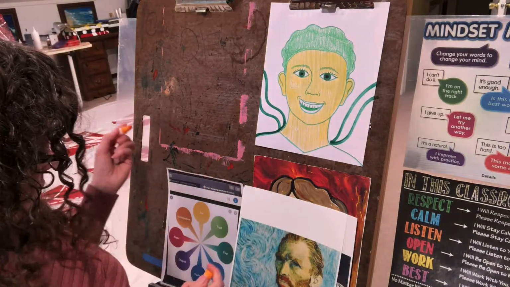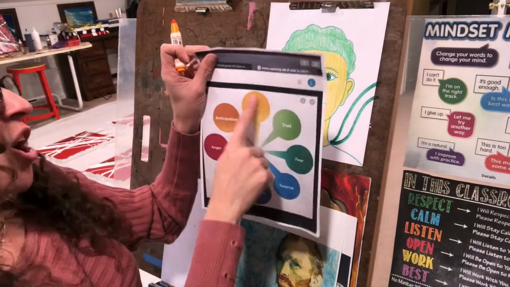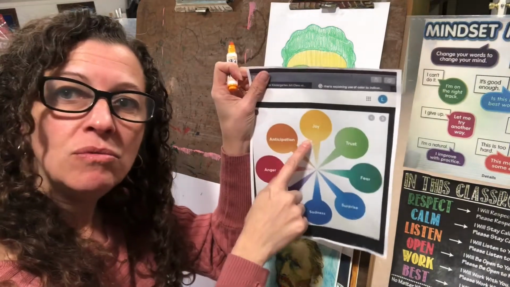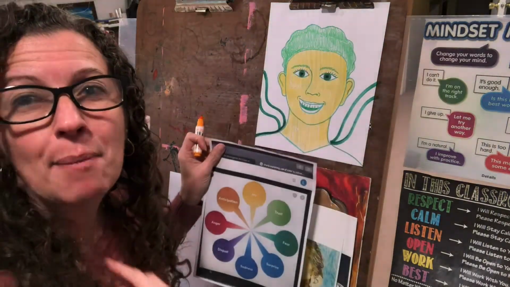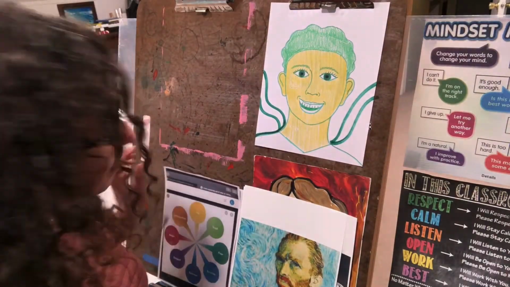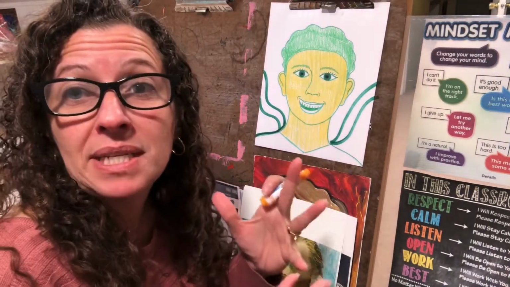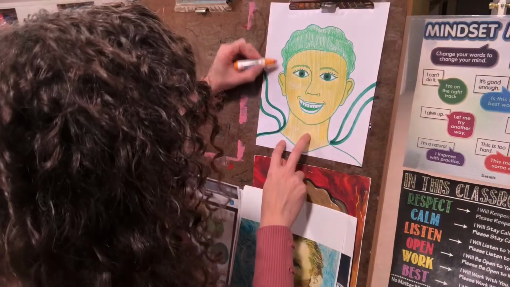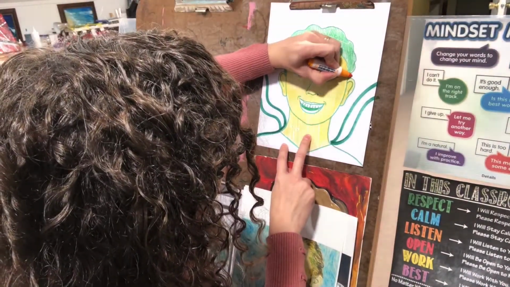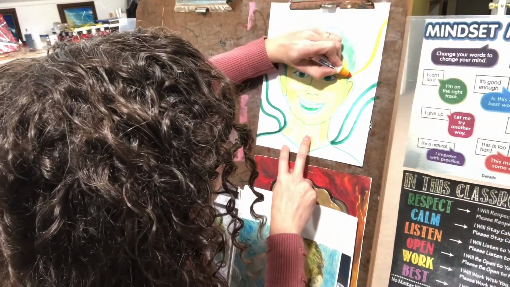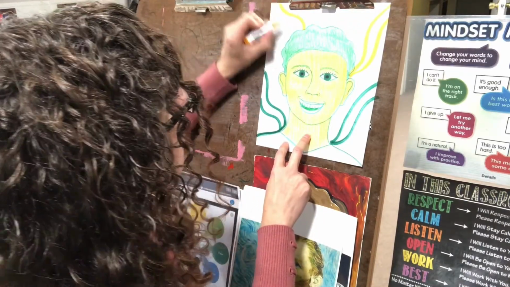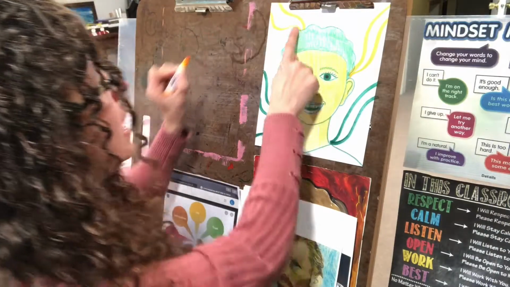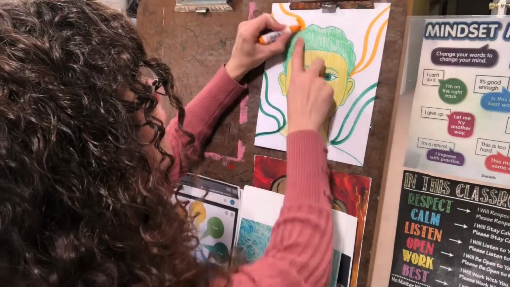Oh, and my yellow dried out, but I could use orange. Orangey-ish yellow, right? Orange here is anticipation, like I'm anticipating something, right? That means I'm waiting for something to happen. So maybe I'm waiting for some good surprise or something. And I'm thinking about it. Maybe these lines mean that I'm thinking. I don't know.